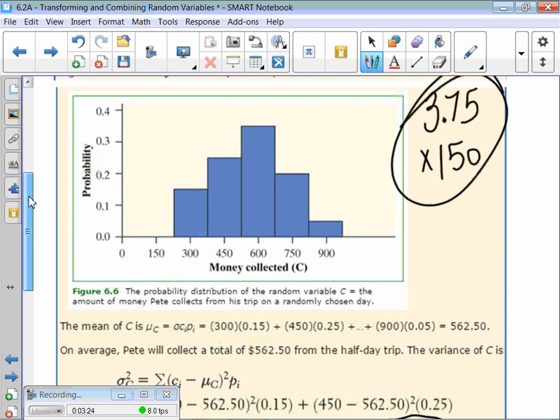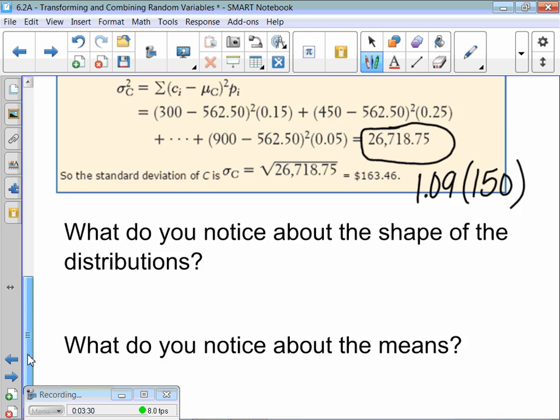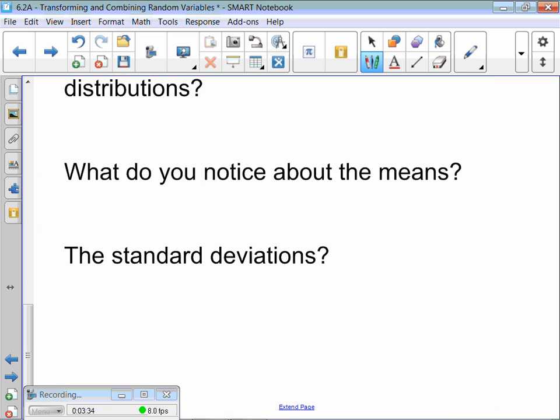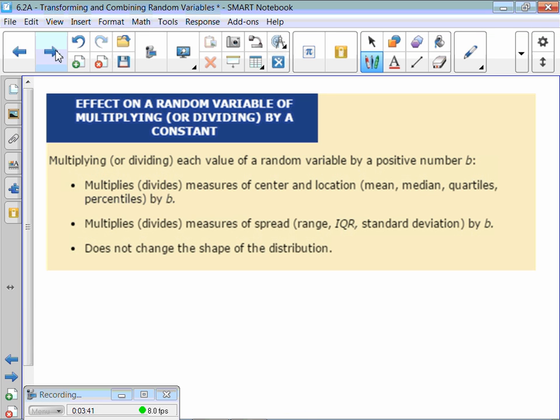So what happened to the shape of the distribution when I multiplied every top number there by 150? Yep, it stayed the same. Your shape's going to stay the same. What do you notice about the mean? You times by 150. What do you notice about the standard deviation? You times by 150. So what you might want to write in your notes: if you multiply or divide by a constant, that will also multiply or divide your measures of center, meaning the mean, the medians, the quartiles, the percentiles.